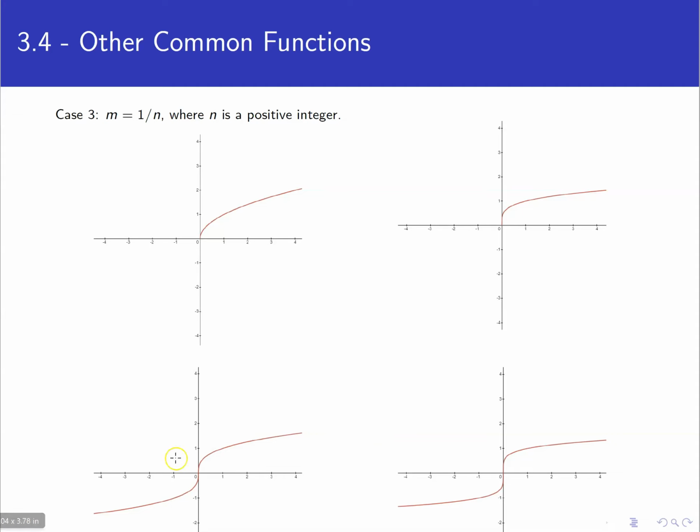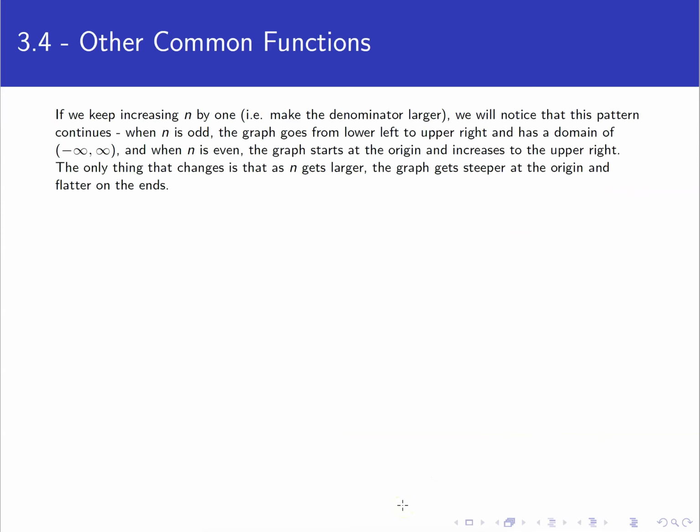Again, notice that with these graphs, when we have an even n, an even root, it's only defined on the positive real numbers. But when we have an odd root, it's defined on all real numbers. So increasing n by 1 each time, we notice the same pattern continues, making that denominator bigger.